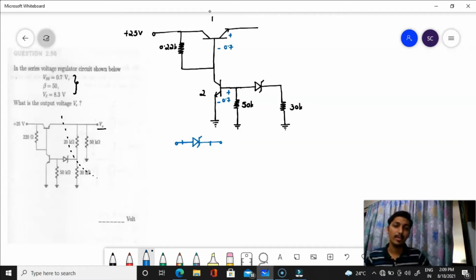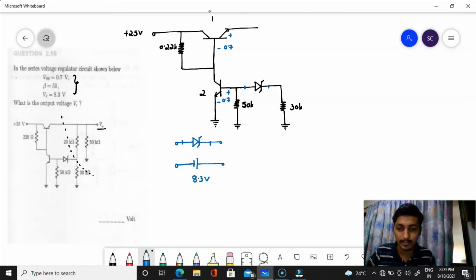You can see it is positive 25 volt at the P terminal, or you can see 0.7 volt at the P terminal, and this is grounded as an N terminal. If it is in the breakdown region, it will be replaced with a battery of 8.3 volts here.